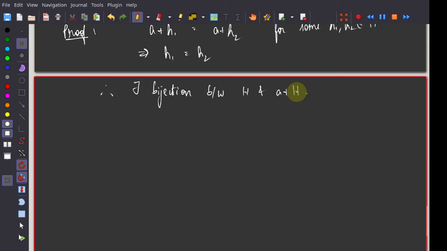In particular, if H has finite size, then A plus H also has exactly the same size as H. And the size of any group or subgroup is called the order of that group.